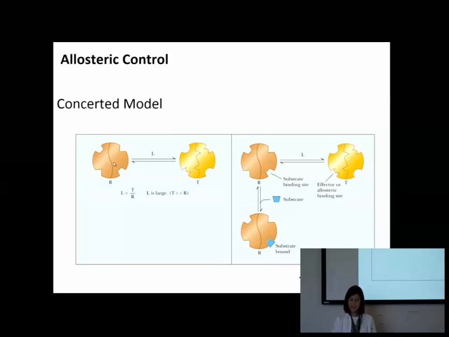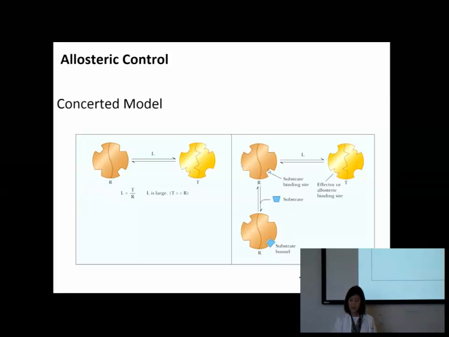Remember Le Chatelier's principle: if we pull this out, the equilibrium shifts more towards the relaxed form. So then that one is out, and we go down to 98 and pull another one over. It binds the substrate and is pulled out. Then we're down to 97. Pull that one out and bind another substrate.